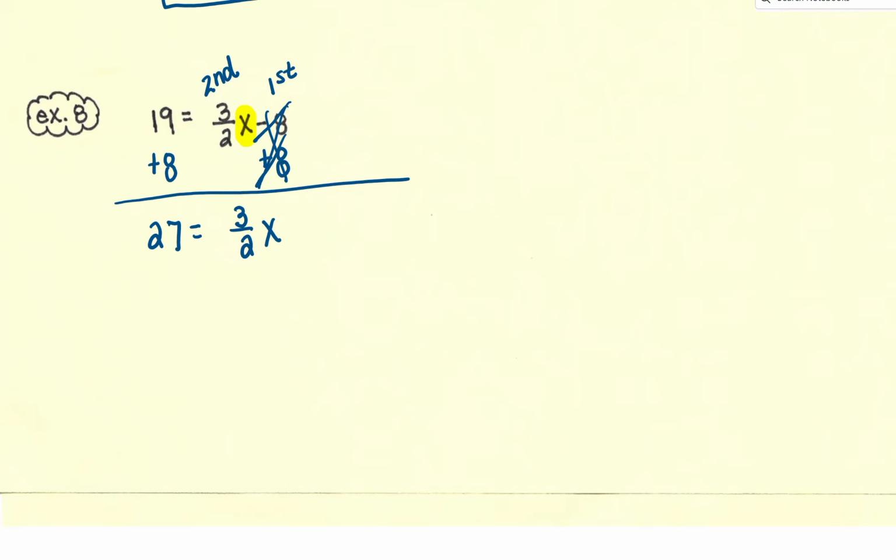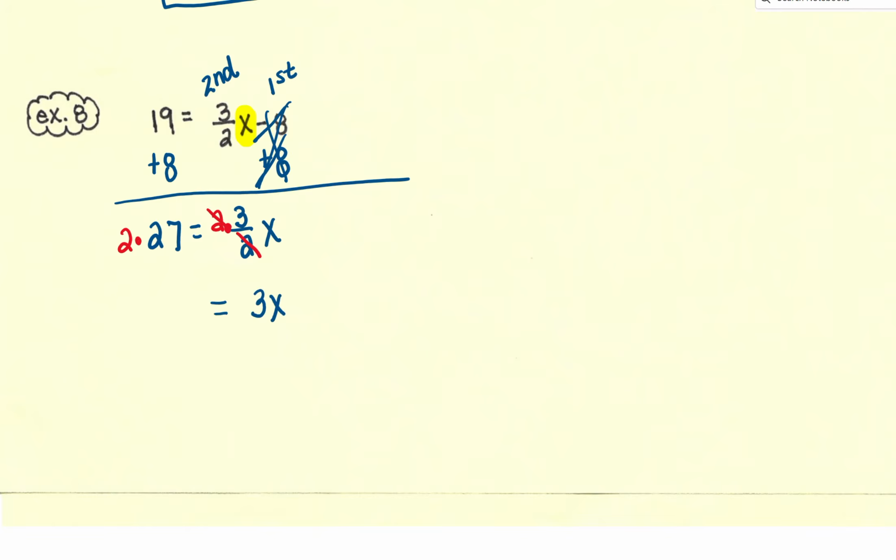Now, there are a couple different ways to do this from here on out, and both or several are correct. This is the one that I think is the easiest. I'm going to look at this as a divide by 2, so I want to multiply by 2 to both sides. That way the 2 in the top and the 2 in the bottom cancel, and all I have is 3x.